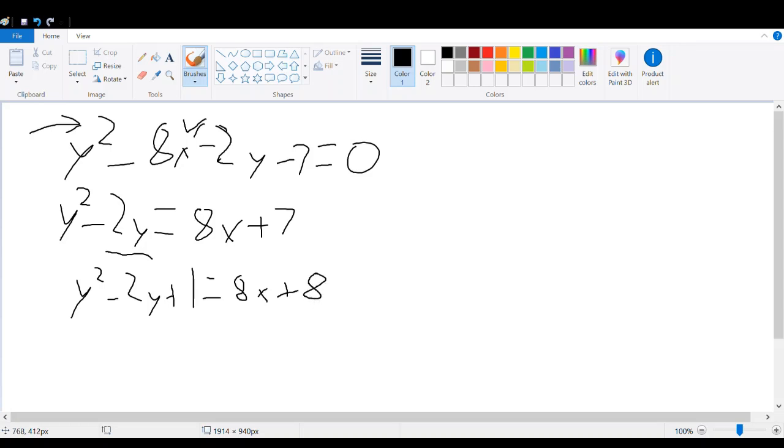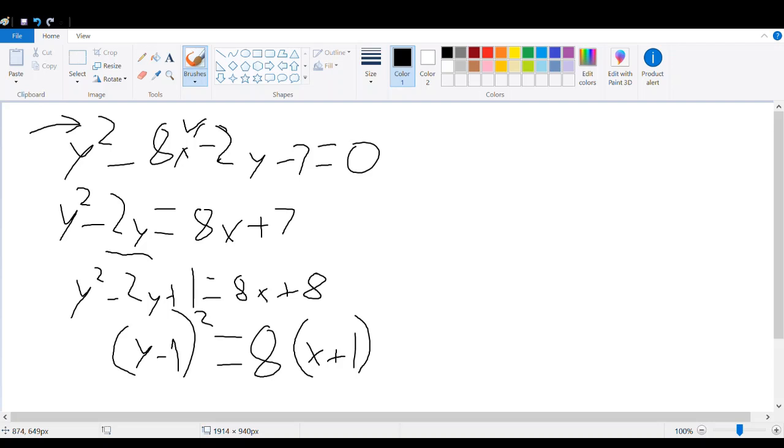Then I'm going to factor each of those, and using our patterns, get y minus 1 squared equals 8 times x plus 1. If you need help with factoring, you shouldn't be watching this. You should be watching a different video.